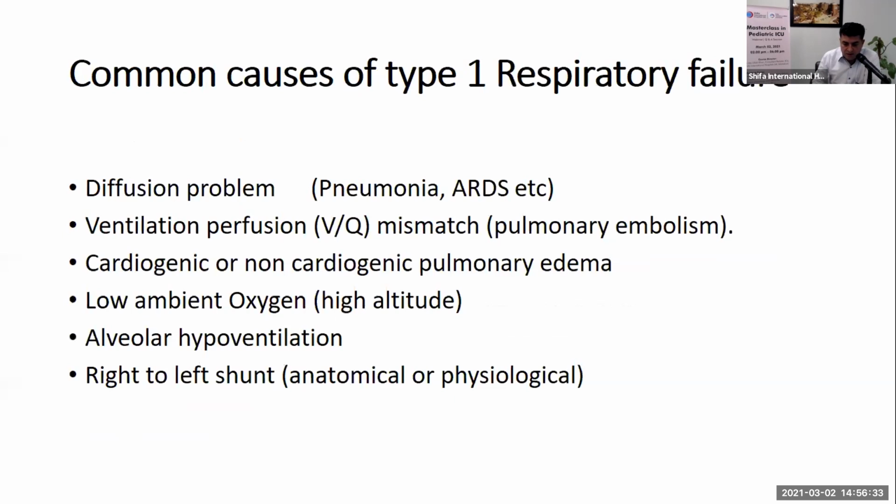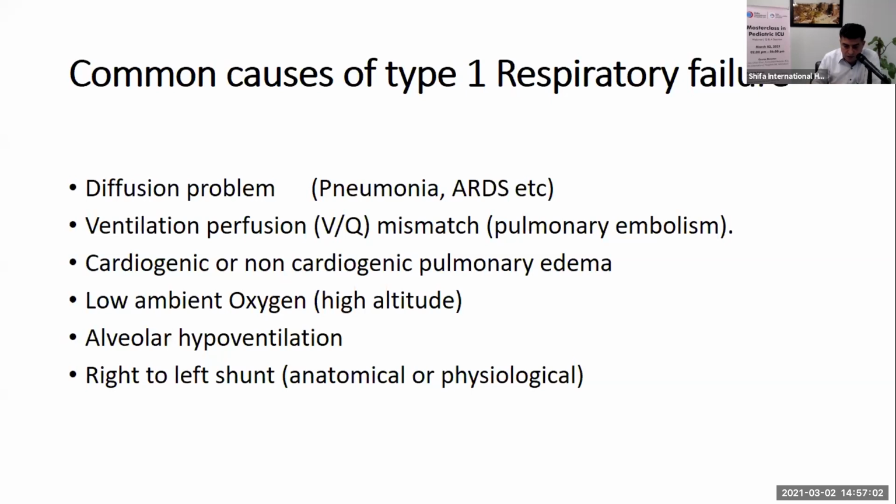Common causes, as we discussed earlier, are ventilation perfusion mismatch. Diffusion problem is when the alveolar surface is involved, either due to infections like pneumonia or ARDS. Ventilation perfusion mismatch can also happen in pulmonary embolism, as we discussed earlier, where in the last alveolus there is no perfusion but there is ventilation, so it acts as a dead space.